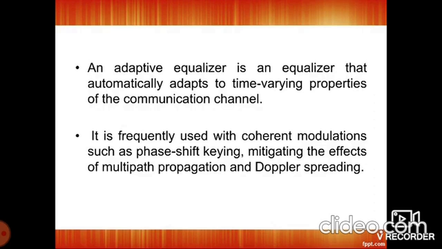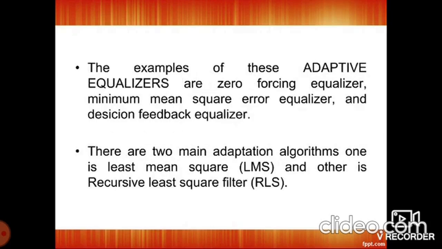It is frequently used with coherent modulation such as phase shift keying and the effects of multi-path propagation, which includes the Doppler effect. Examples of adaptive equalizers are the zero forcing equalizer, minimum mean square equalizer and decision feedback equalizer.